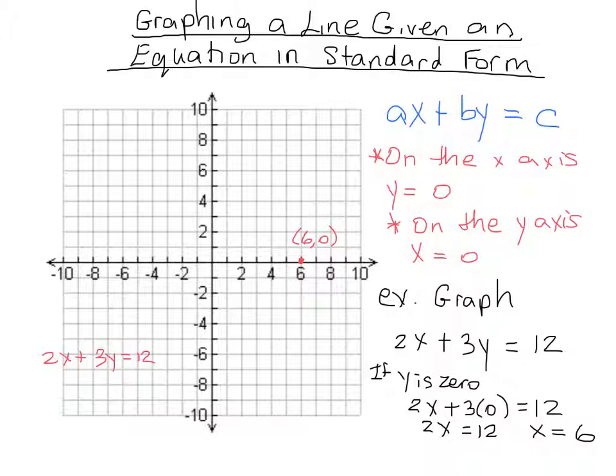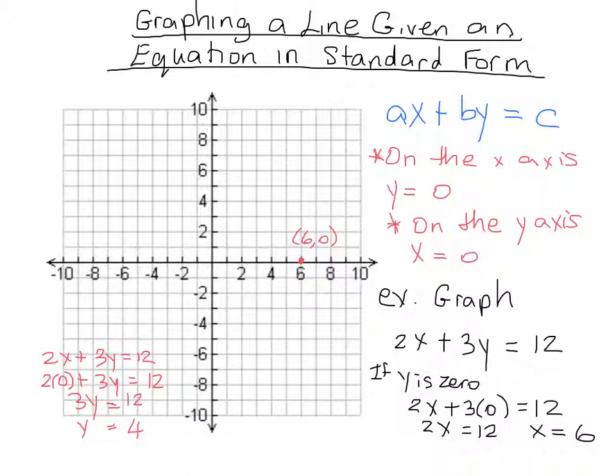And now I'm going to make x equal to 0 so we can figure out the y-intercept. So we have 2 times 0 plus 3y gives us 12. 3y will give us 12 in that case, and therefore y is equal to 4.